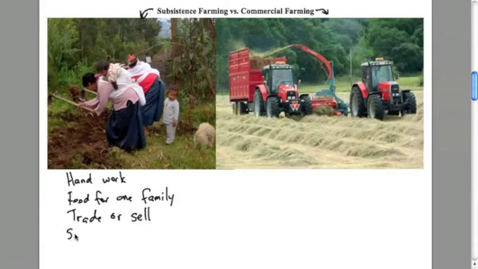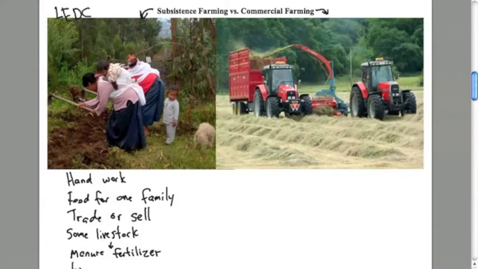Additionally, these types of farms might have some livestock on them. But one of the benefits of this is that it's a very little amount of livestock, and the livestock manure is used for fertilizer. As you could guess, a lot of times this happens in our less economically developed countries.